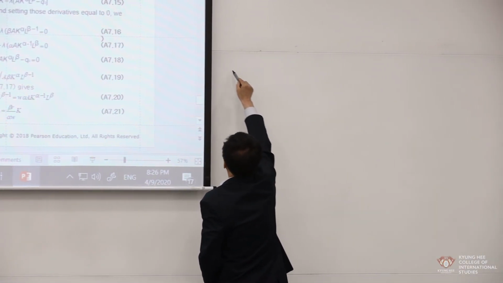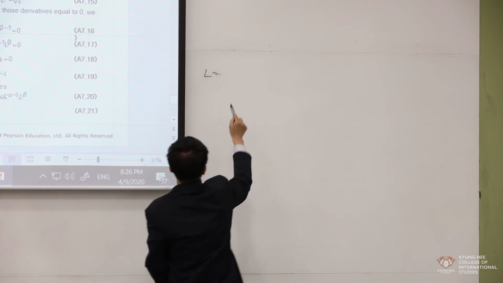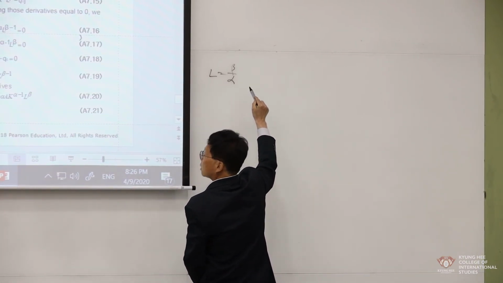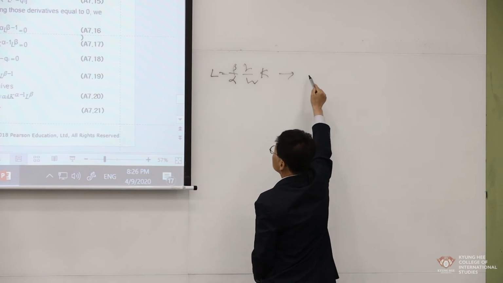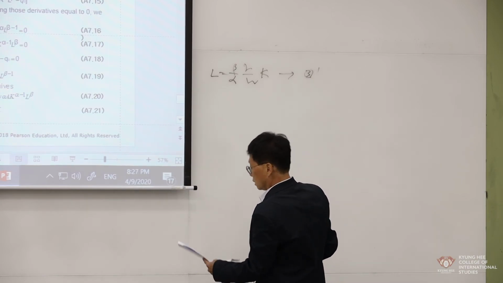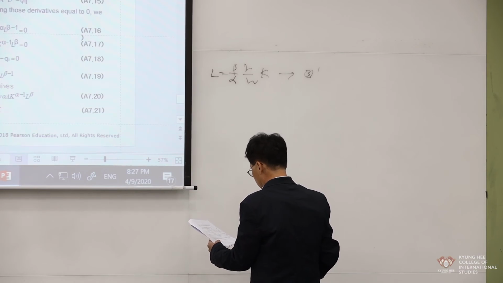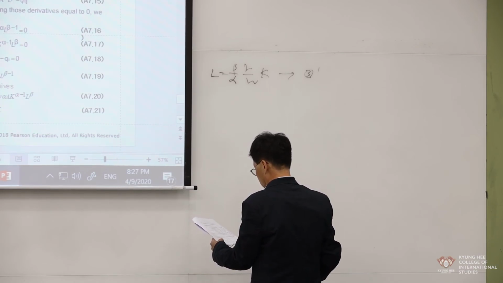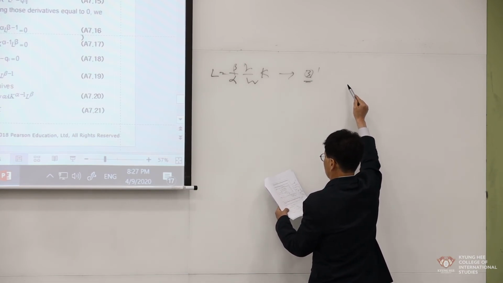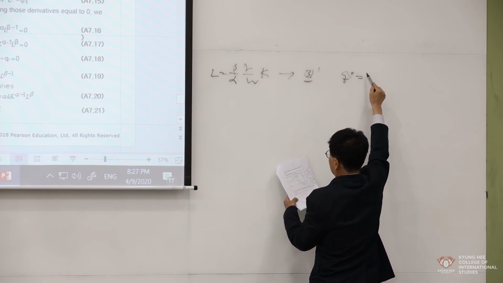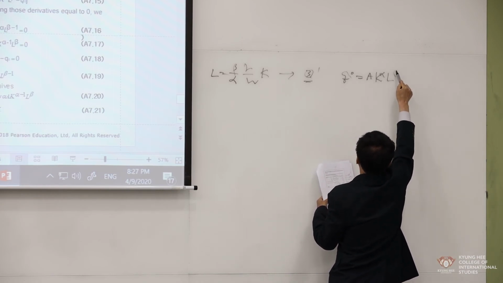For example, L is β over α, R over W, times K. This one is inserted into 3 prime. Then Q0 is equal to, what was 3 prime? Q0 is equal to A K^α L^β.